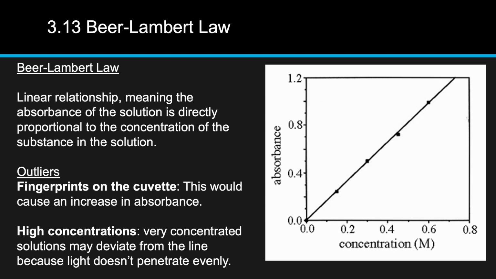So if you are looking at a Beer's law graph like we see here, and you see an outlier that has a higher absorbance, one potential cause would be a fingerprint on the cuvette, because it would absorb more light than it actually does as just the solution.